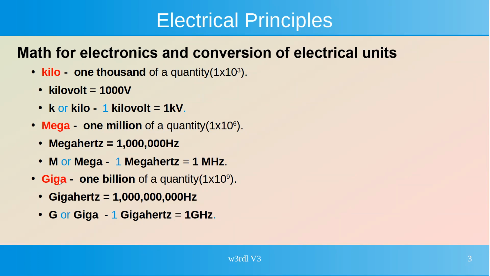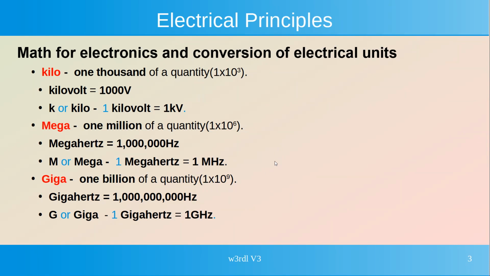Giga is the next one up, which is 10 to the 9th. Some people say it differently, and I don't care how you pronounce it. It represents 10 to the 9th or 1,000 megahertz. The next one would be a tera, which would be 10 to the 12th.